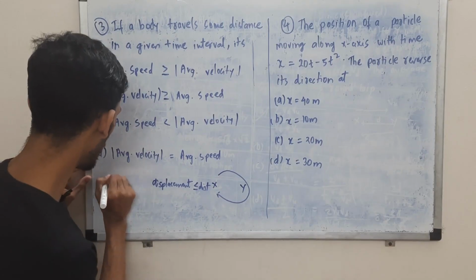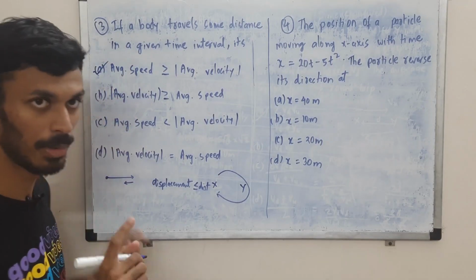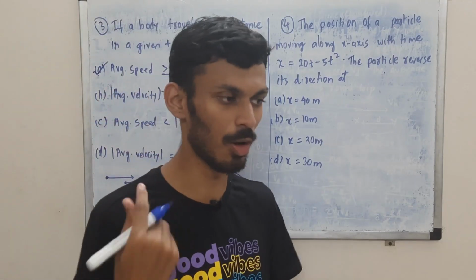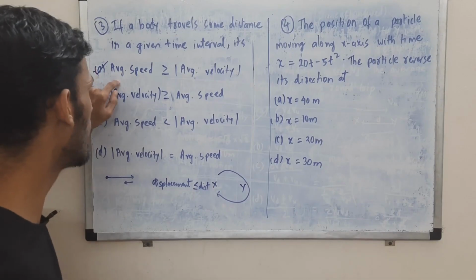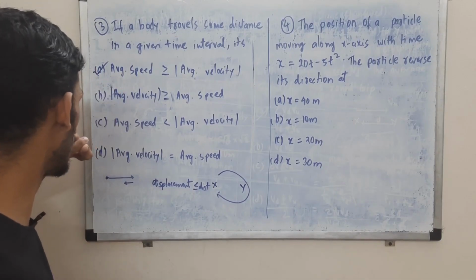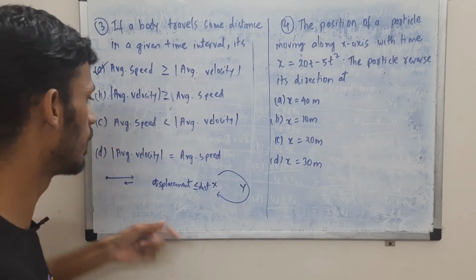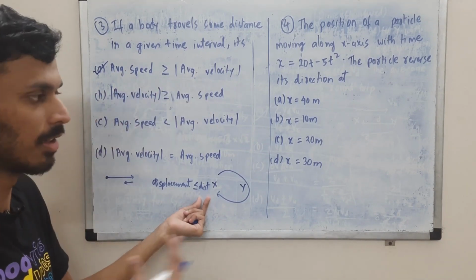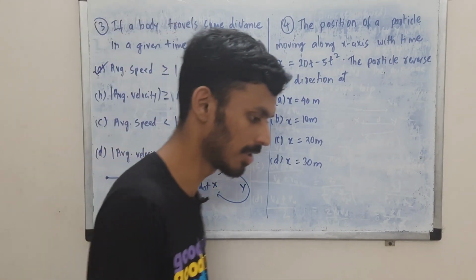If you take a step in the backward direction, the displacement will decrease, but the distance will not decrease. It's always the total path length, it will always increase. So average speed will always be greater than or equal to your average velocity, because distance is always greater than your displacement. That is the reason.